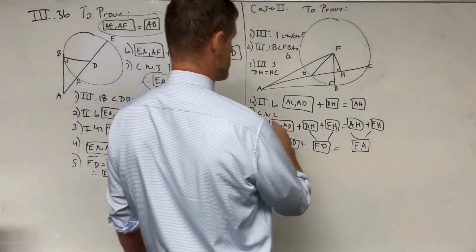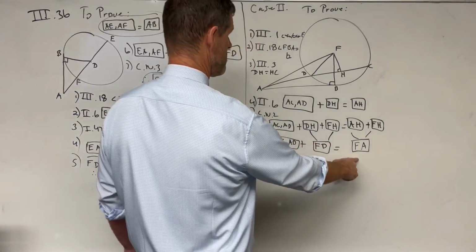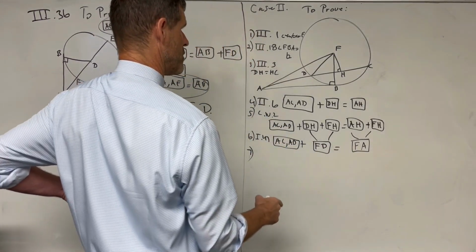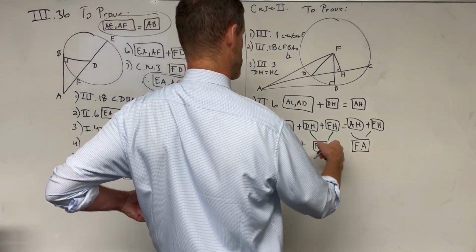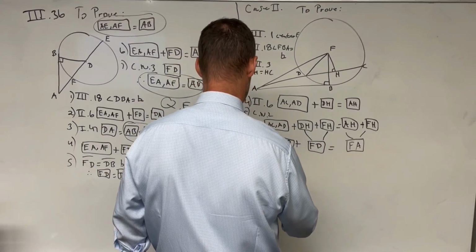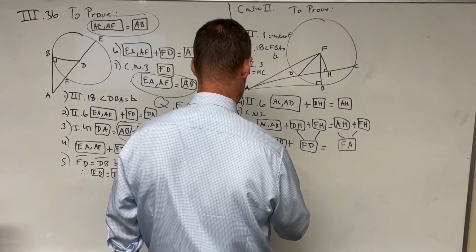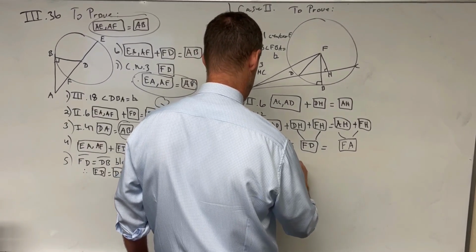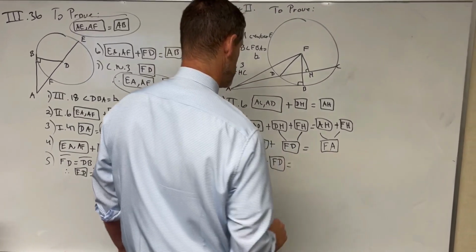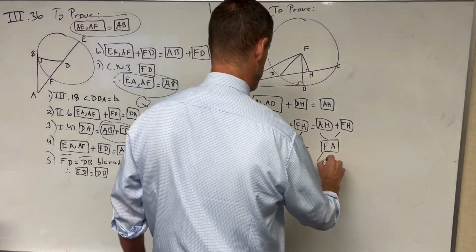Now we can apply proposition 47 again to FA. We're going to look at, well, I'll write this part first. So we've got AC and AD plus the square on FD equals, and then FA can be split.